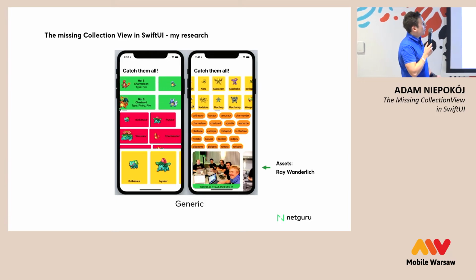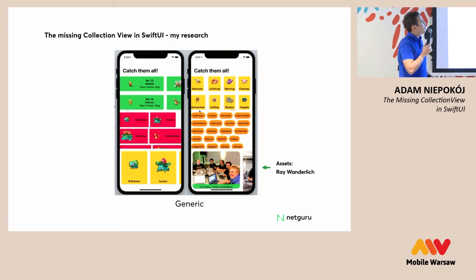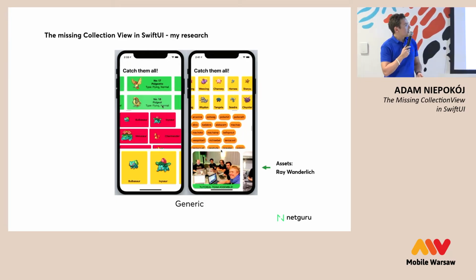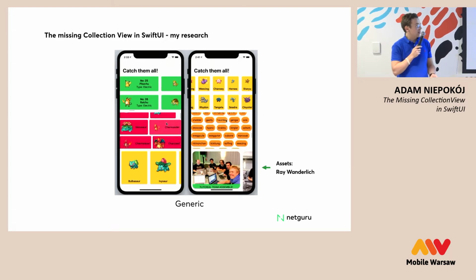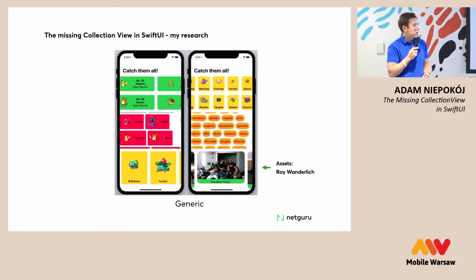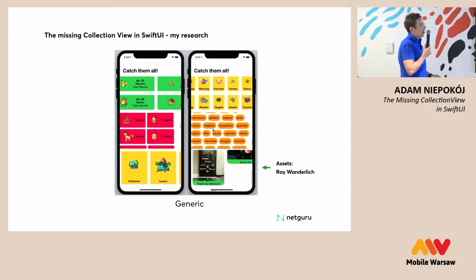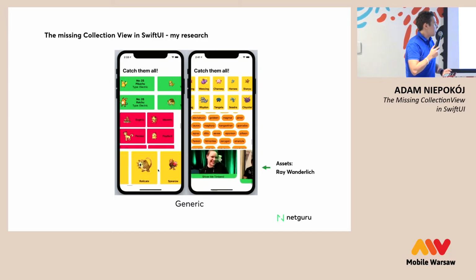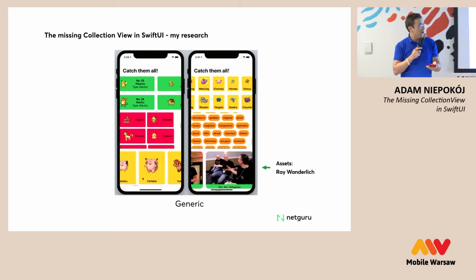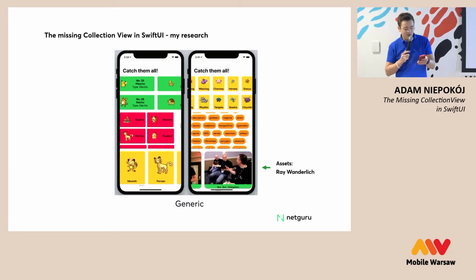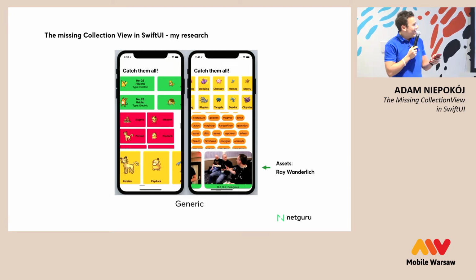It's all the same object rendering these collections. You just give it data and, let's say, a prototype of a collection view cell, and then you have something like that. These assets in the right bottom corner are from Ray Wenderlich. Maybe some of you even know them from some tutorials.